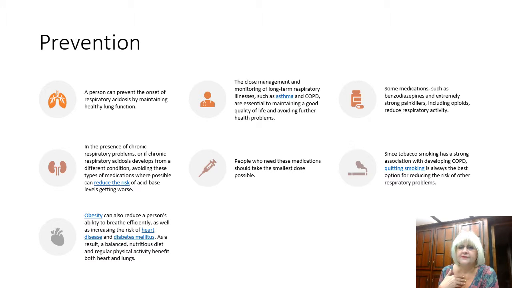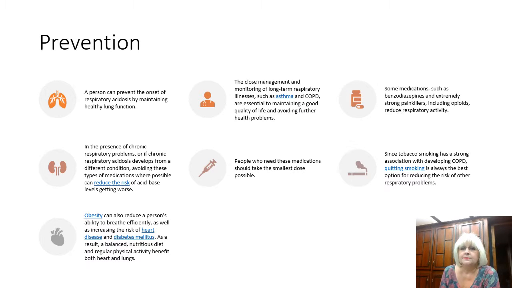I have food allergies. If I eat foods I'm allergic to, my airways swell up, and that just counteracts the entire problem. And there are some medications like extremely strong painkillers, such as opioids, that reduce the respiratory function.